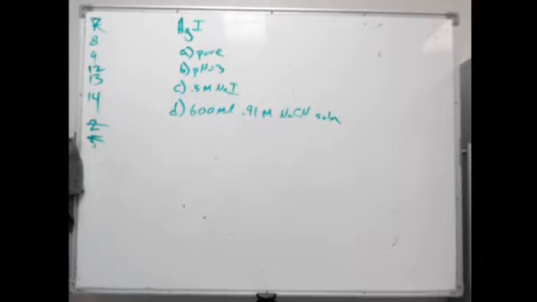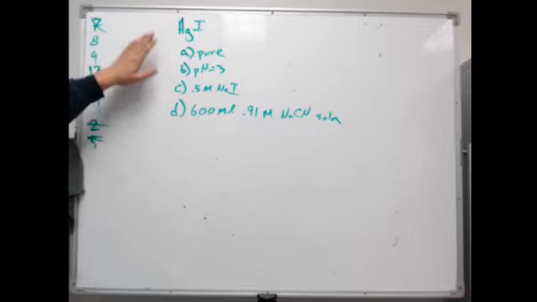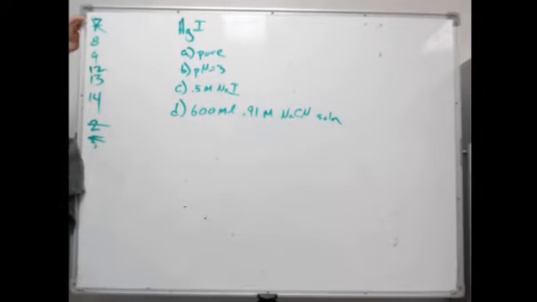So then the question becomes, how do we do part D? If you notice, this is almost exactly the same problem that we did in problem 7, right? I've got AgI, I've got NaCN.